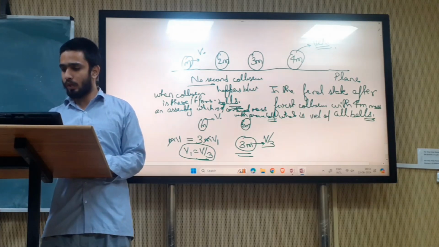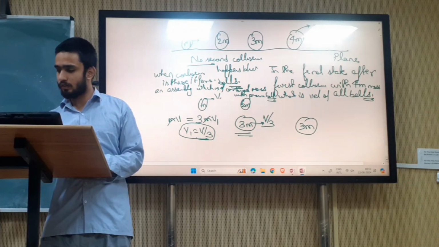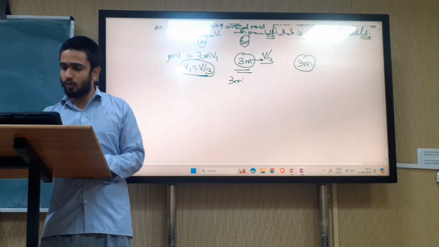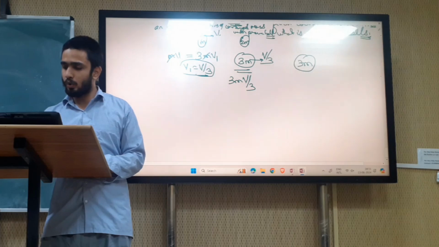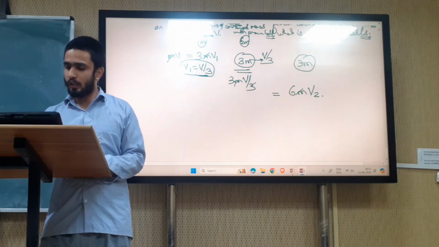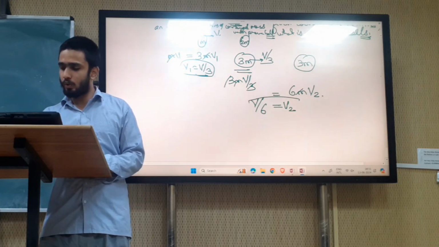When it collides with this 3m mass, what will be the initial linear momentum? 3m times v by 3 is equal to 6m v2. The m cancels, the 3 cancels, so v by 6 is equal to v2.